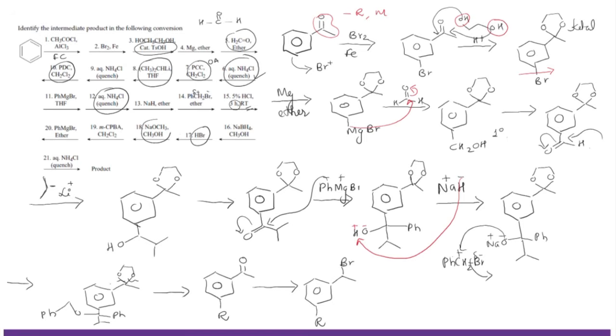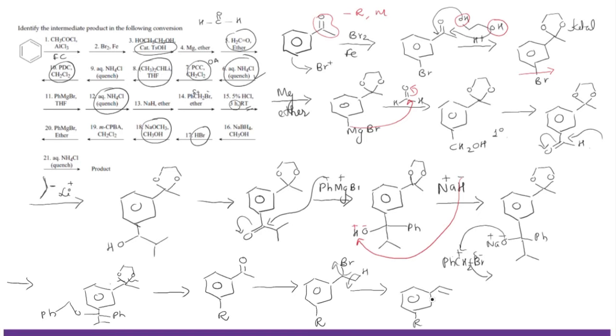And then 18th reagent. What is this reaction condition? Sodium methoxide in methanol means this is alcoholic base. Therefore, you have to do the dehydrohalogenation and you are going to get a vinyl product like this. The double bond will be formed. Dehydrohalogenation.